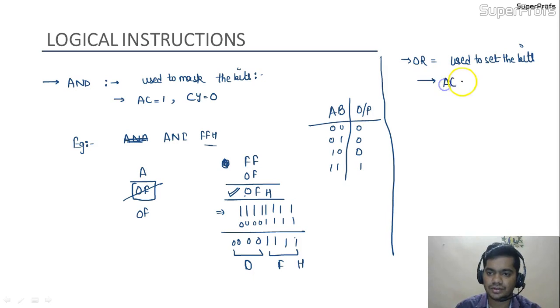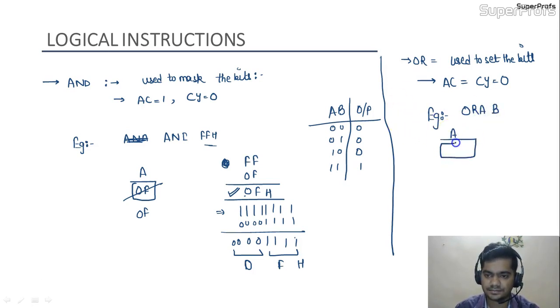And here you should keep in mind that auxiliary carry and carry flag would be 0. If we want to take an example, that is ORA B. The content of A is 34 and the content of B would be CB. We are assuming an example, and this instruction would do the OR operation between the accumulator and register B.